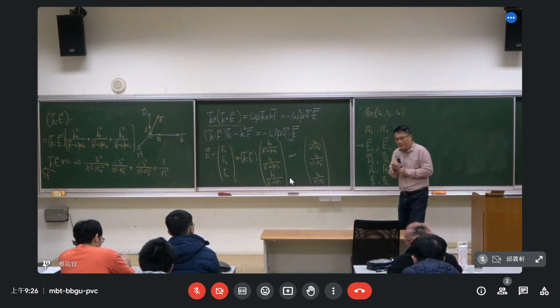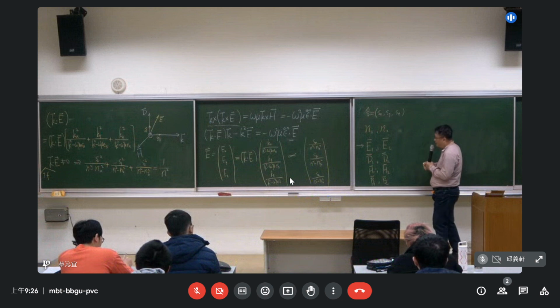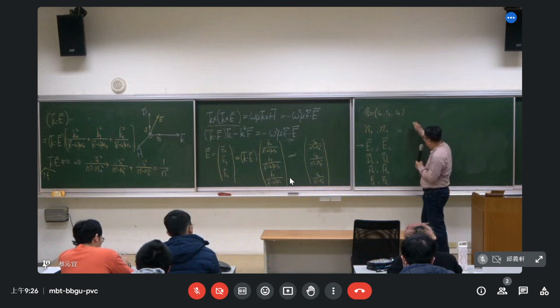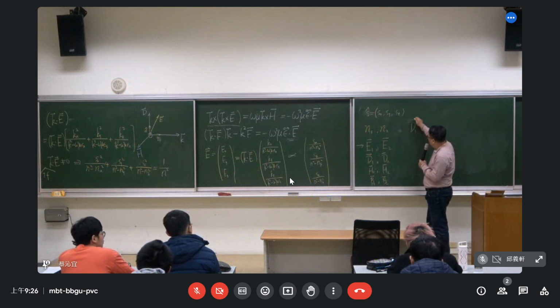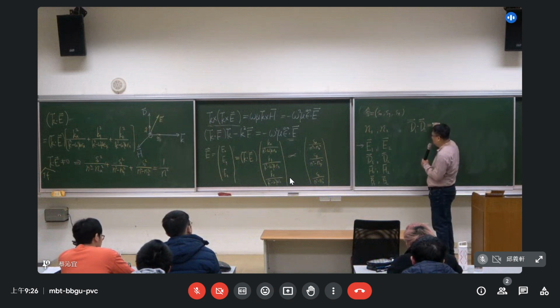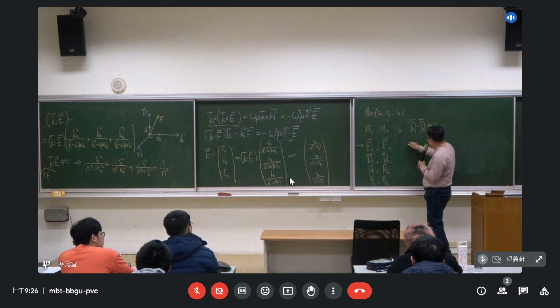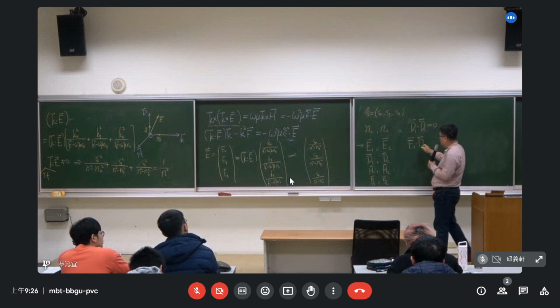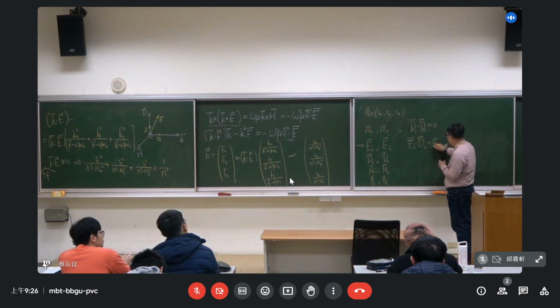In fact, we can prove that D1 is orthogonal to D2, E1 is orthogonal to D2, and E2 is also orthogonal to D1.